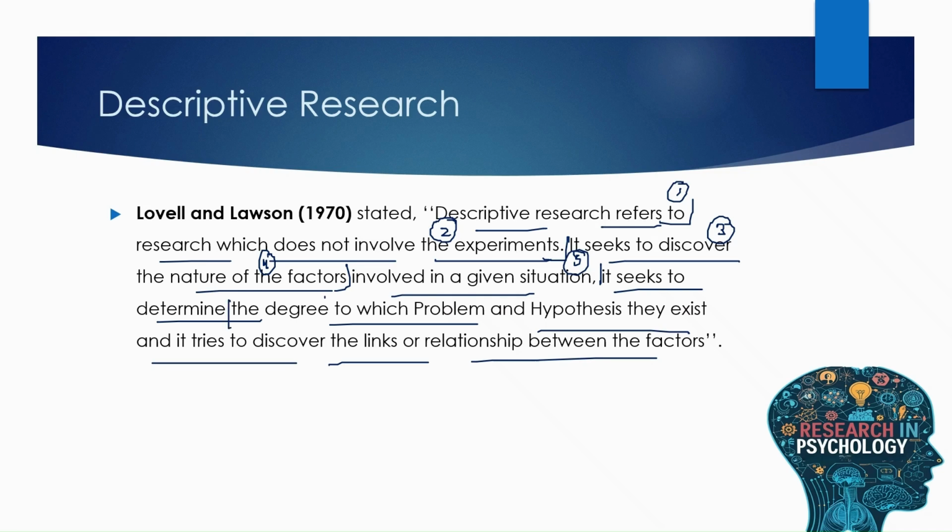We'll cut it here. The degree to which problem and hypothesis exist. We'll cut here. And it tries to discover the links or relationship between the factors. Tries to discover what? The links and relationship between the factors. All right. So this was the definition given by Lowell and Lawson.